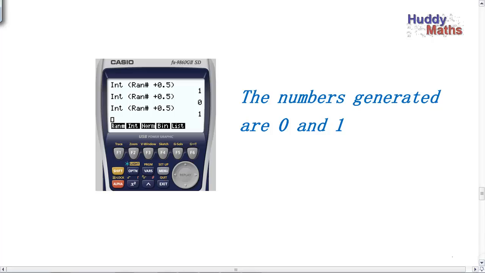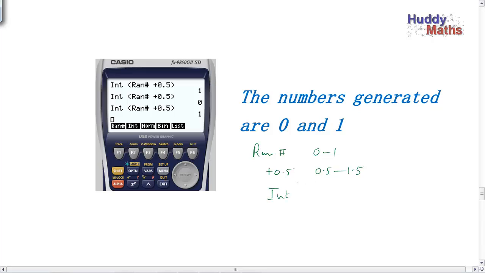Here we are, the numbers generated are between 0 and 1. Let's unpack that. The random number gives you 0 to 1 but less than 1. Then we're going to add 0.5, so it's going to be 0.5 to 1.5. And then we're going to int it.